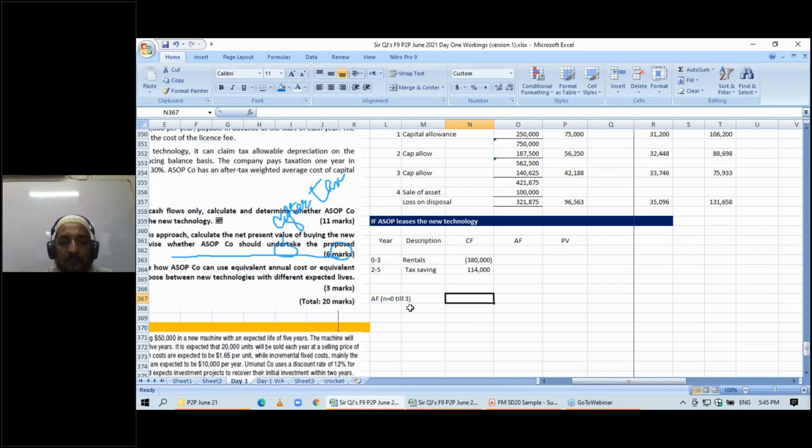So in order to find this, first we need the annuity fraction when n equals 0. When n equals 0, the annuity fraction will be 1. And then we will take the annuity fraction when n is equal to 3.